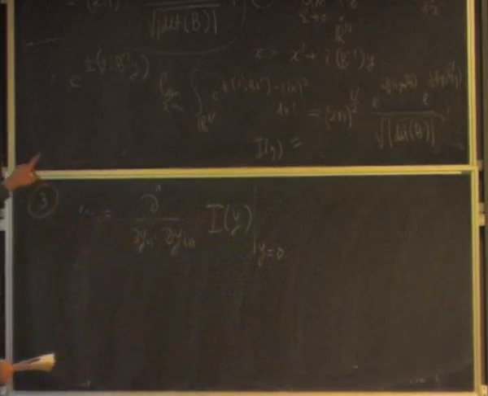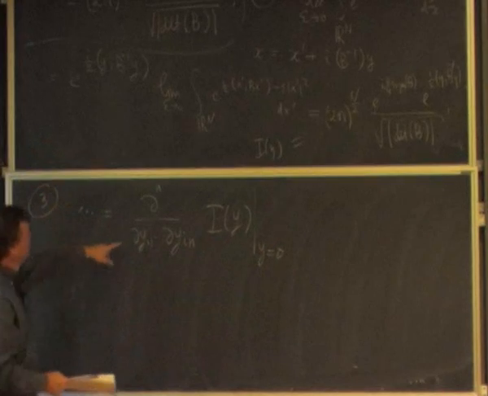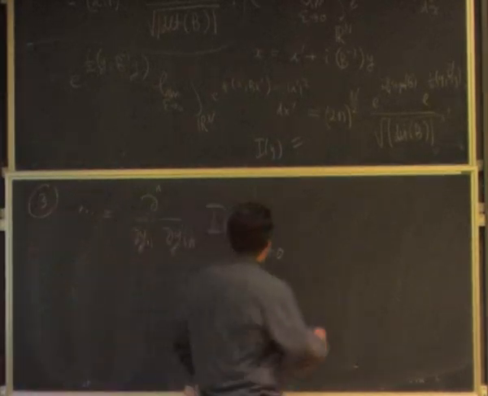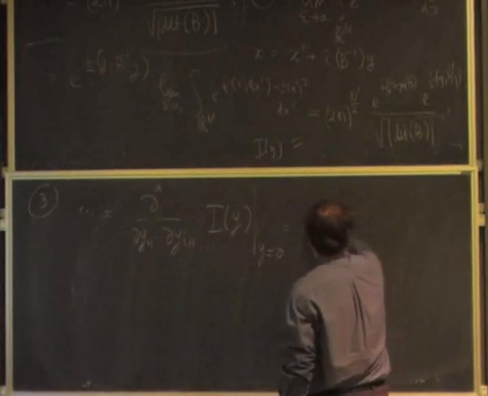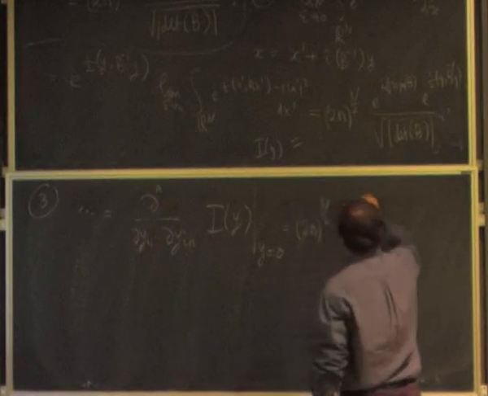So all we have to do is compute the nth partial derivative of this when y equals 0. It's equal to these three factors.